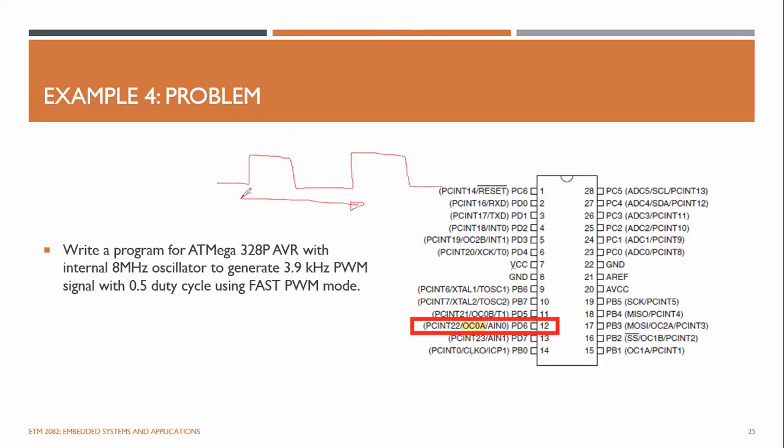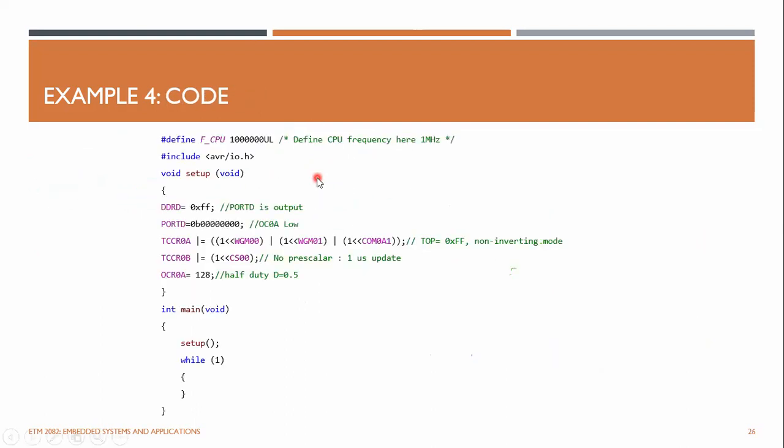The time period T is 1 upon 3.9 into 10 to the power 3, in seconds, because the frequency is 3.9 kilohertz. And the duty ratio is 0.5, which means half of the time this will be on and half of the time this will be off. It's like a square waveform. Right, so this is how we're going to write this code.